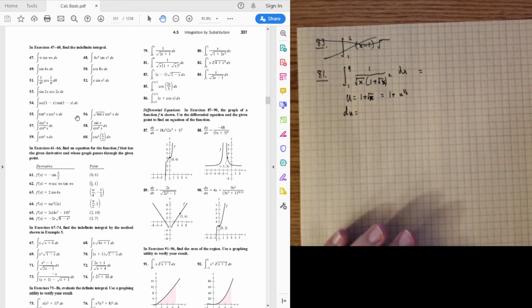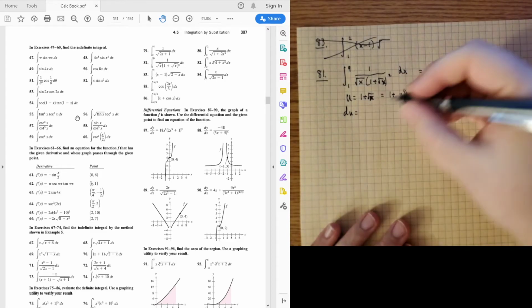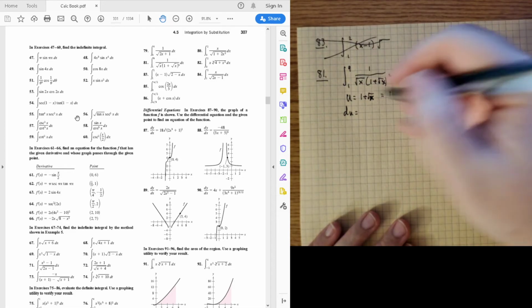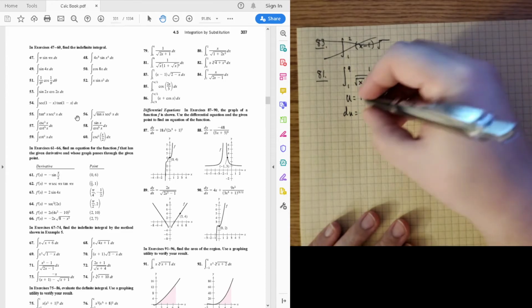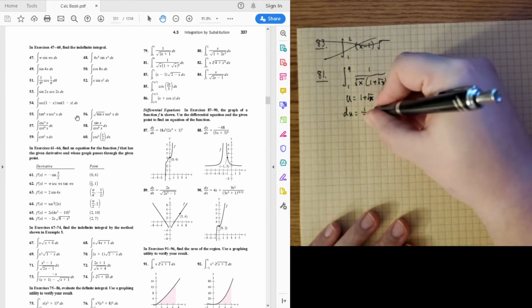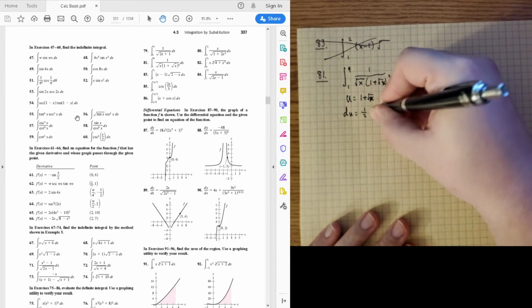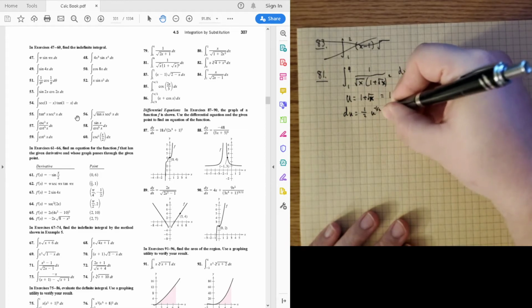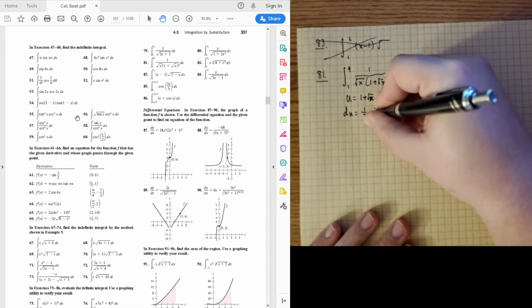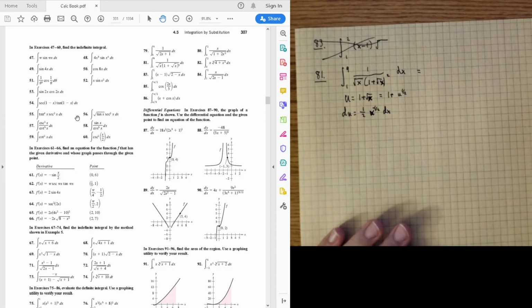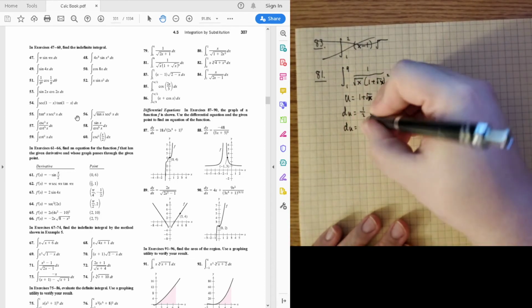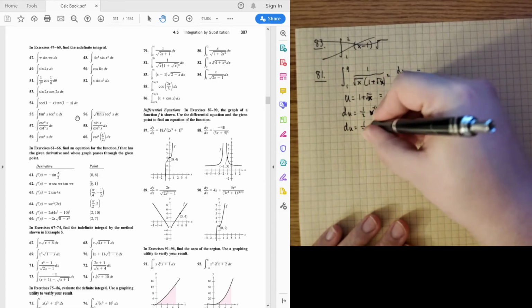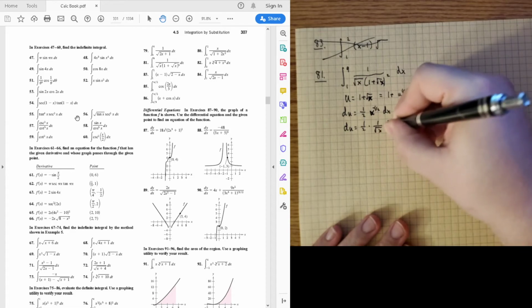Okay, so let's go ahead and now do du. If I do du, then watch what happens. The derivative of 1 is 0, so that disappears. The derivative of x to the 1/2 is 1/2 x to the negative 1/2 dx. Which, if I rewrite this, du is equal to 1/2 times 1 over the square root of x dx.